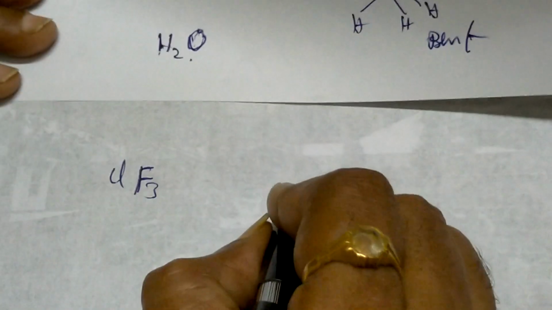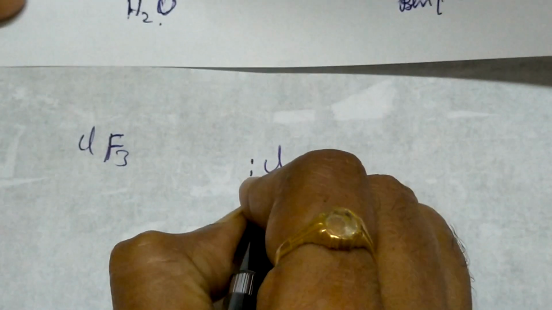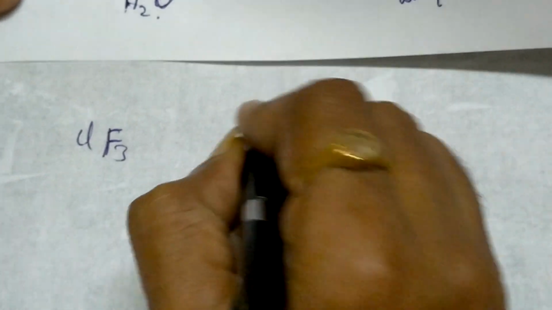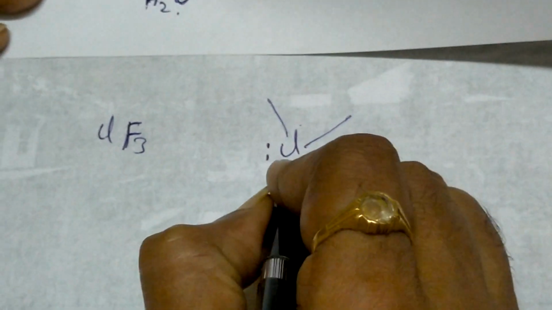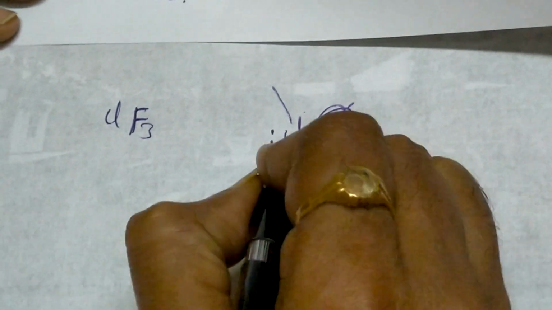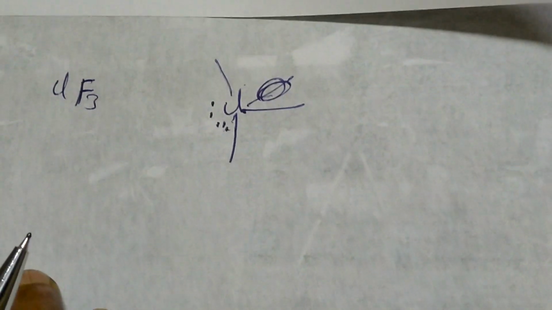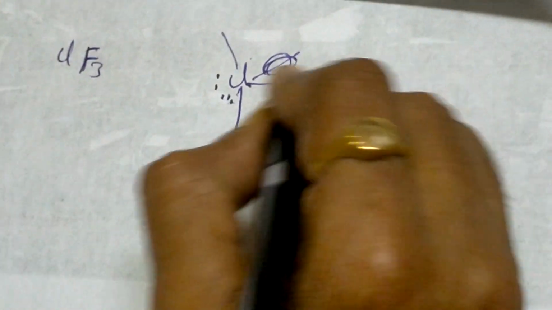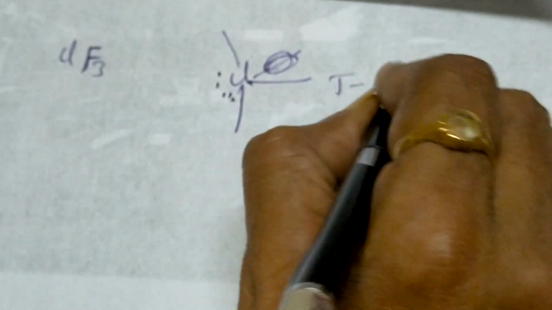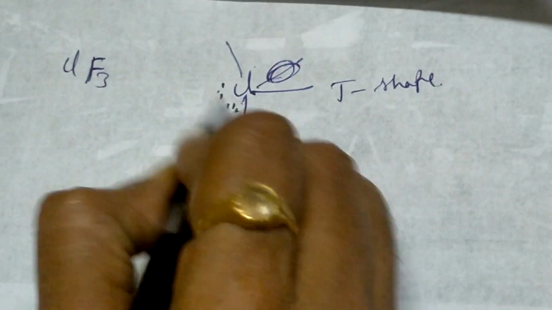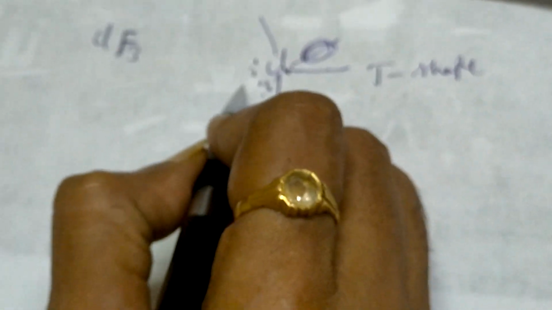It is supposed to be this shape, but the shape is a T shape. That means a lone pair is also there, and it is forming bonds too, bond pairs are also there.